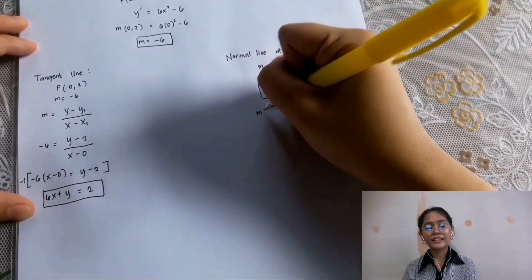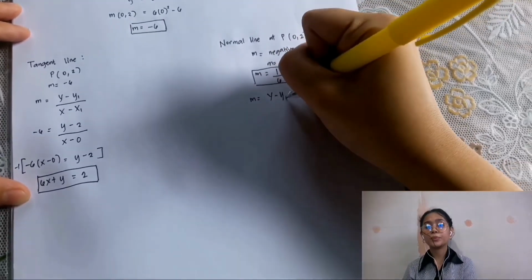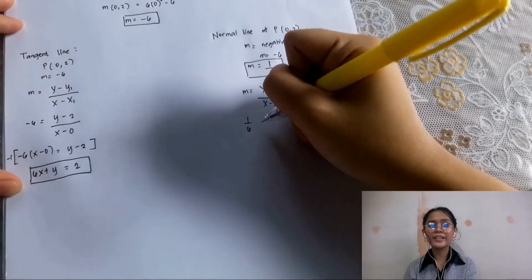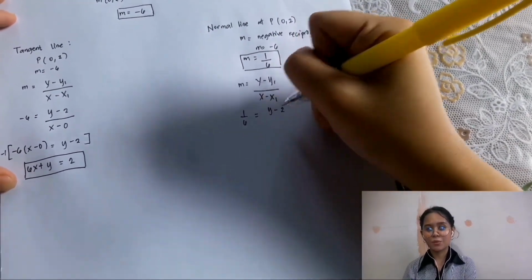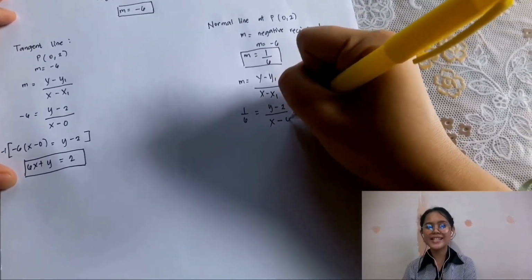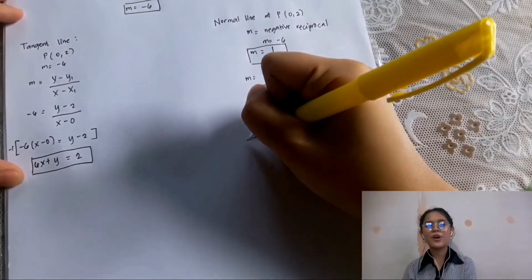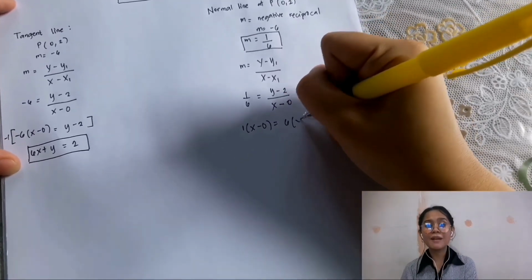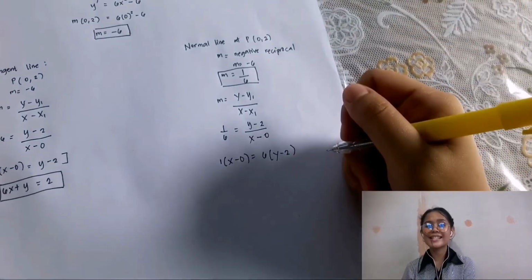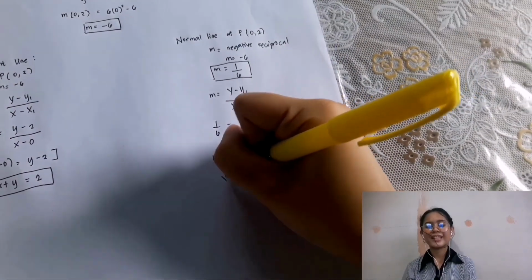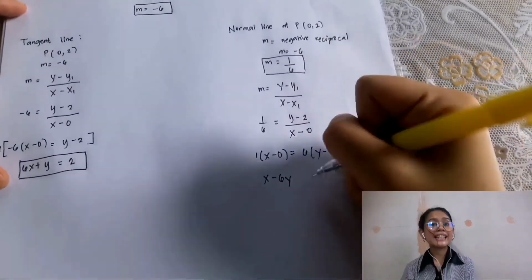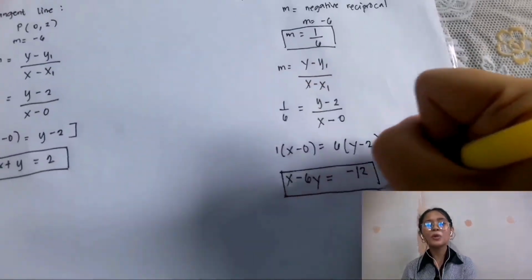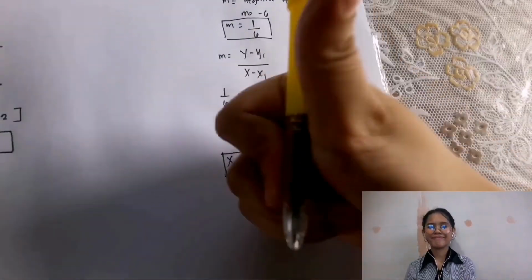And after that, again, all of these values, we put to the formula, which is m equals y minus y sub 1 all over x minus x sub 1. And we will get 1 over 6 equals y minus 2 over x minus 0. Cross multiply the values again, we will get 1 times x minus 0 equals 6 times y minus 2. And simplify it further, we will get x minus 6y equals negative 12. And that will be our normal line.